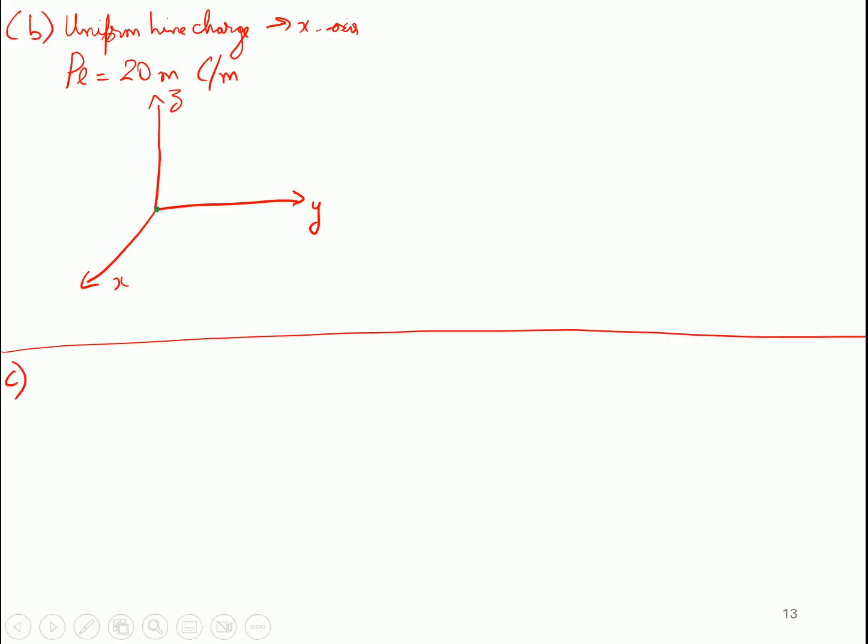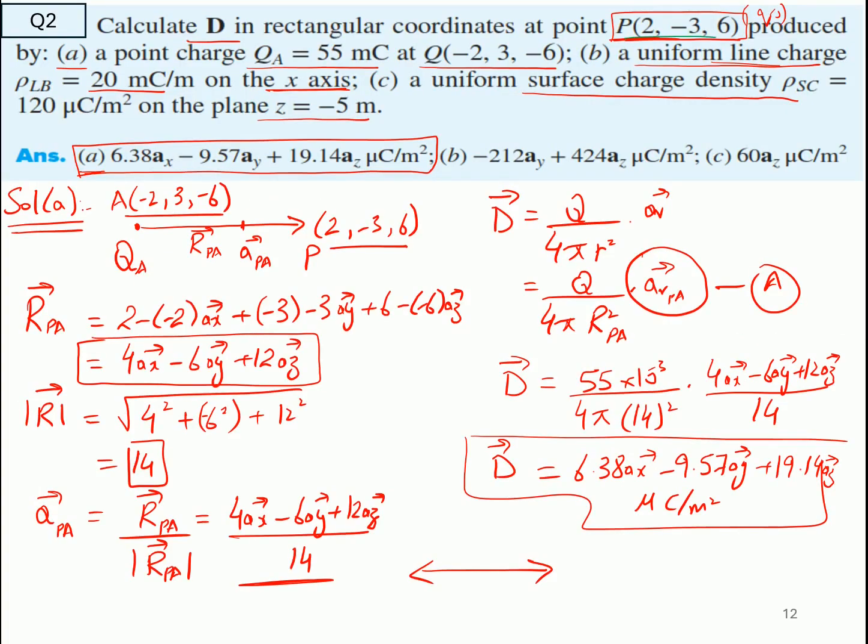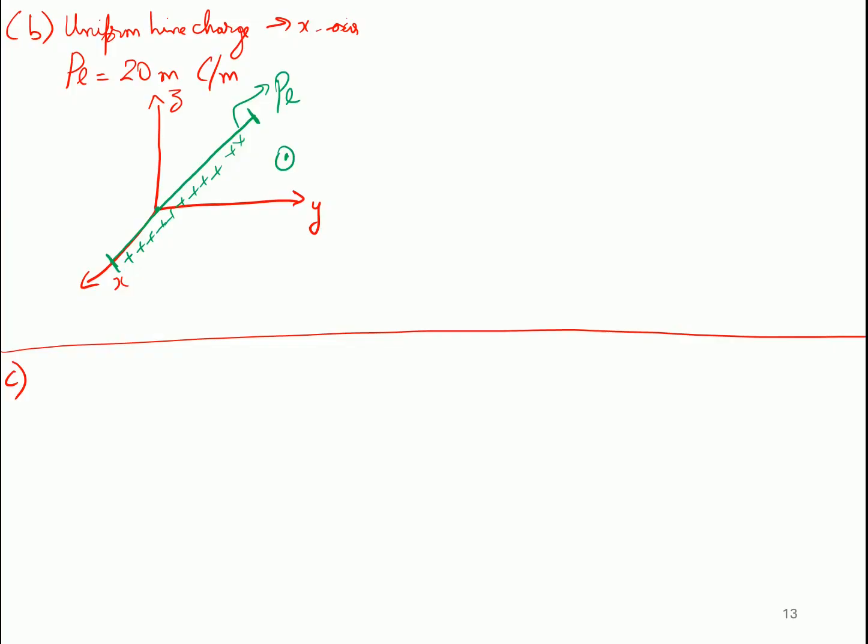So the line charge distribution is on the x-axis, which means that it has all the source charges, and the value of this is rho of L, which is 20 millicoulomb per meter. And the point of interest where we want to find this is basically P at 2, minus 3, and 6. So this is point P at 2, minus 3, 6.